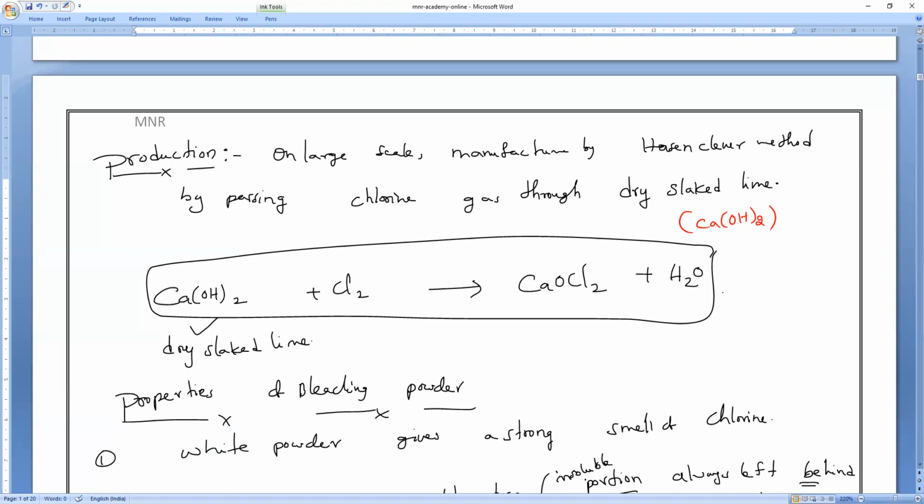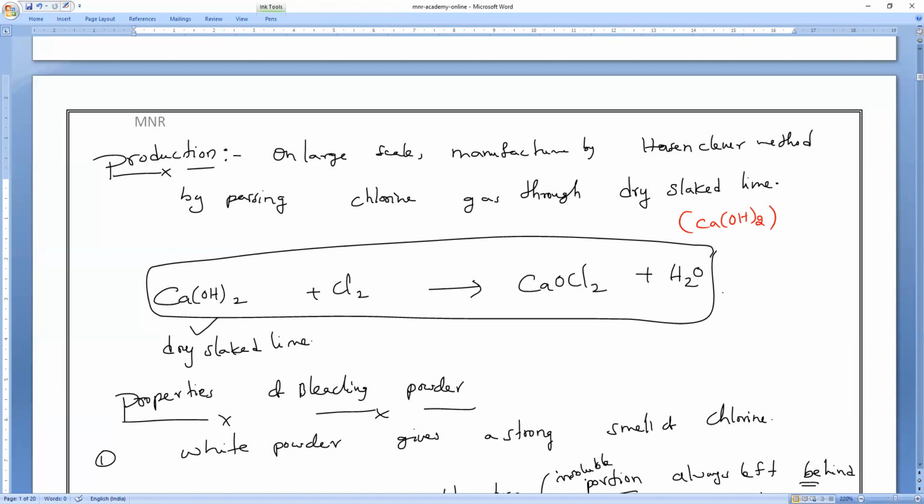It is a very poisonous substance. Colored substances turn colorless when oxidized by chlorine. Chlorine is a yellow, dangerous gas. Please remember that. That is why we cannot use chlorine gas directly.